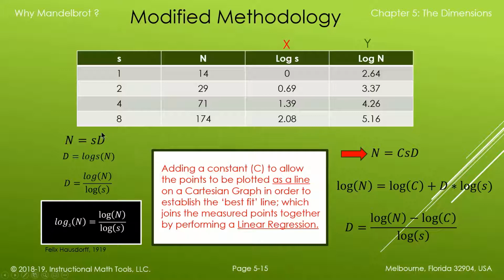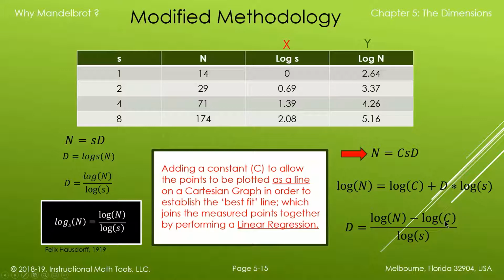So instead of doing it this way with a Hausdorff conclusion, we add a C, which is a constant, and it allows us to plot something on the graph and gives us the best fit using that constant. We can do what they call linear regression to find the best fit. If we established the constant in this formula, very similar to this, and worked it out to its conclusion, we would have something very similar to the Hausdorff, but with a minus log C that he doesn't have.